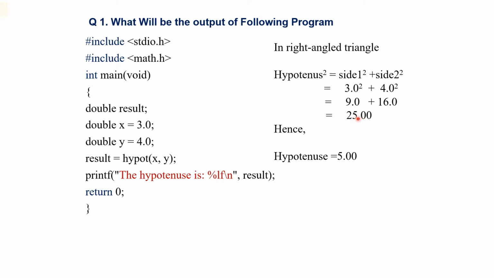So this 25 is the value of hypotenuse square, therefore the hypotenuse will be equal to 5. Hence this function will return 5 and it will be stored in variable result. With the next statement, the output will be: the hypotenuse is 5.000.